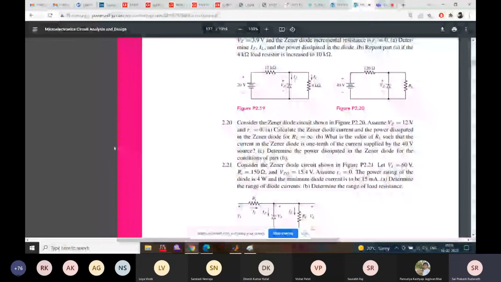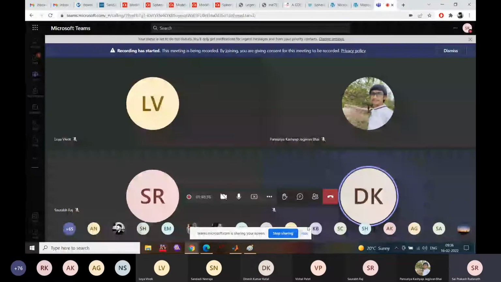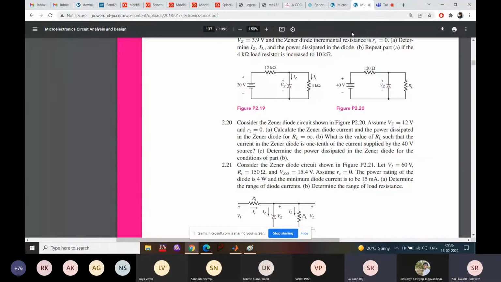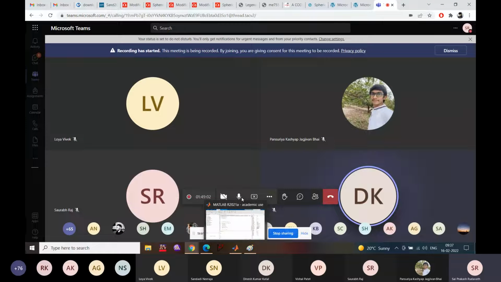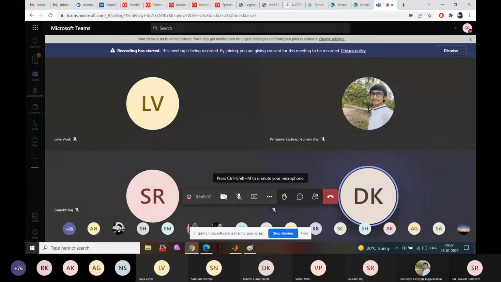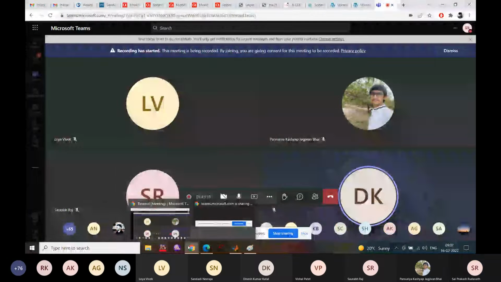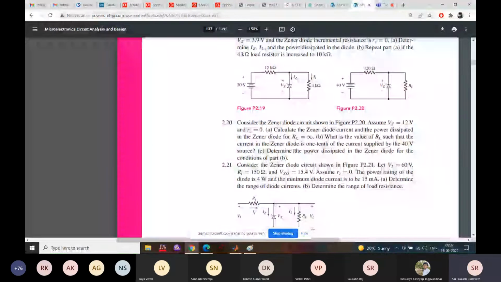Okay. What is the value of RL such that the Zener current is limited? Sir, what is the value of RL? Okay.